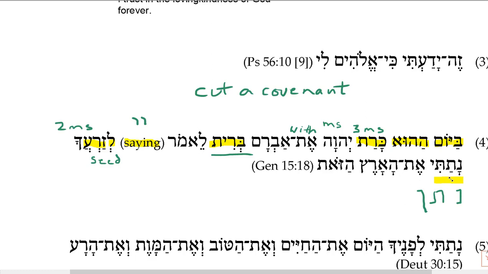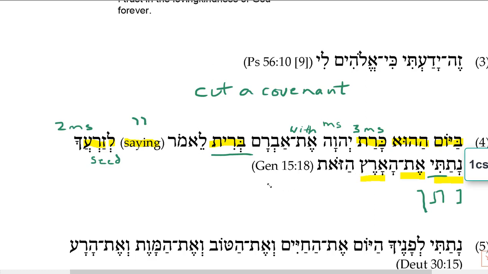So the root is natan, but it's natati, and it'd be I have given. Natan is to give, and the T ending is our typical first common singular ending. So natati, I have given. This is a direct object marker. So et, and then haaretz hazot, this land. We've seen that before. So hazot is our feminine singular demonstrative pronoun, matches the feminine singular noun, eretz.